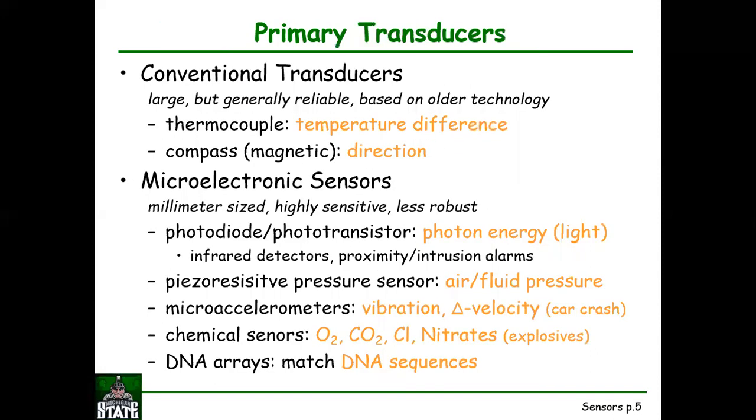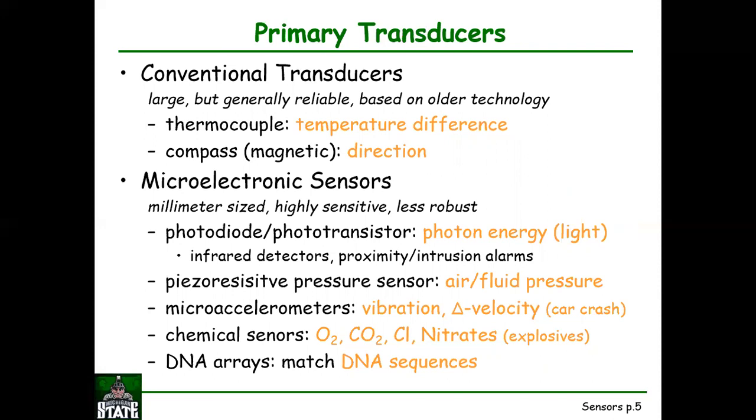Okay, so next is your primary transducer. So what is primary transducer? We have already seen it will have some input from your real world like heat, pressure or temperature. So we are using some conventional transducers like thermocouple and compass.